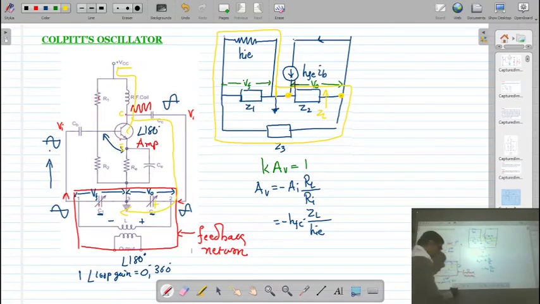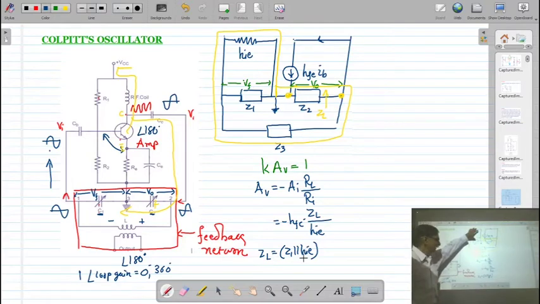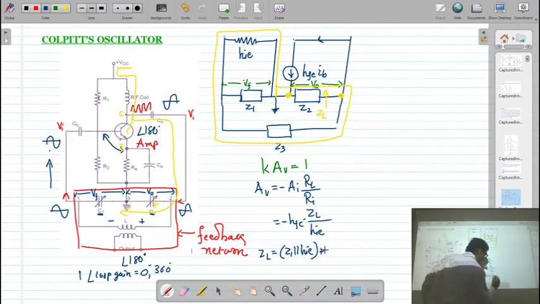So this impedance, ZL, we can write as Z1 parallel HIE, now this is in series with Z3, so plus Z3, and this series combination is in parallel with Z2. Correct? So this is the load for your amplifier circuit.